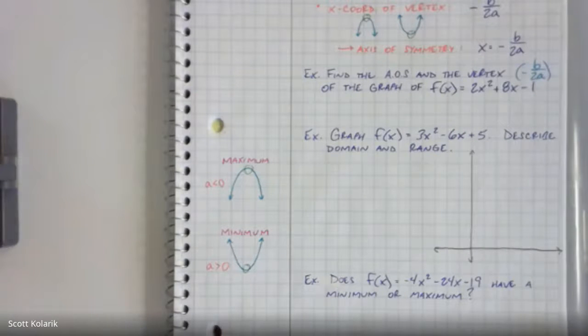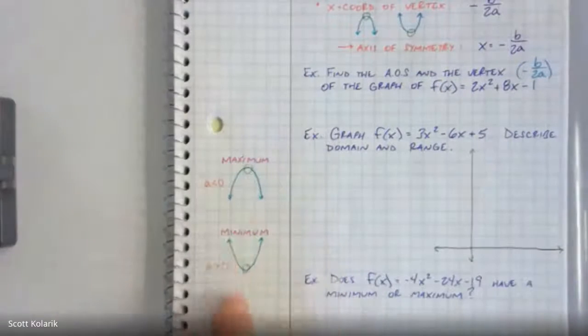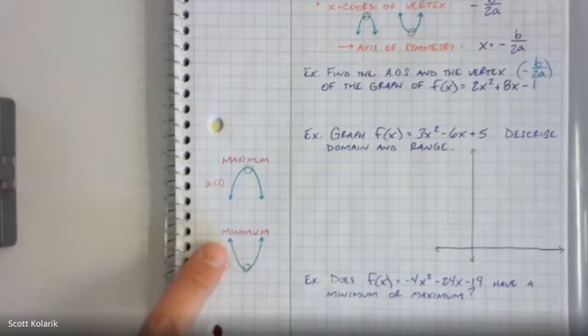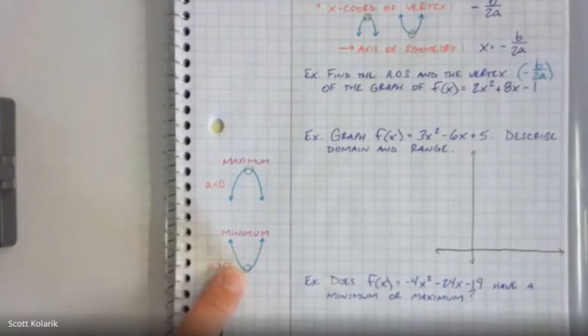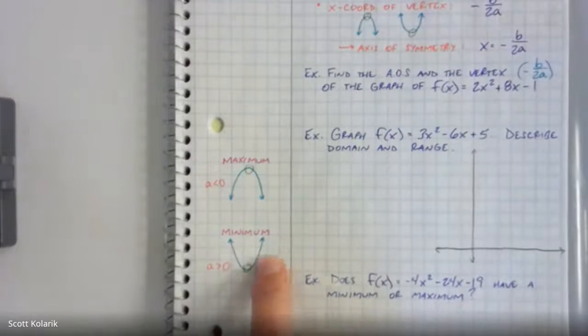Now, another strategy we're going to be using for graphing this has to do with this term right here, symmetry. Okay, symmetry. These U shapes are symmetrical, meaning that if I were to graph this axis of symmetry right down the middle of it, I'd be splitting it up into 2 reflected halves, basically. Splitting it right down this middle, every point on this side of a given parabola will be perfectly reflected over that axis of symmetry, that mirror, over to the other side.